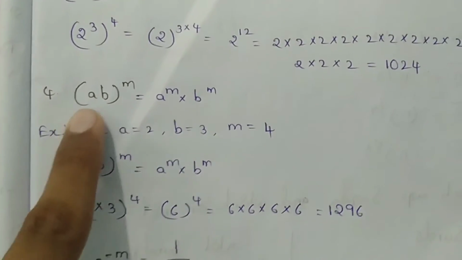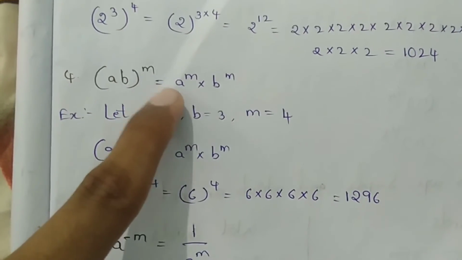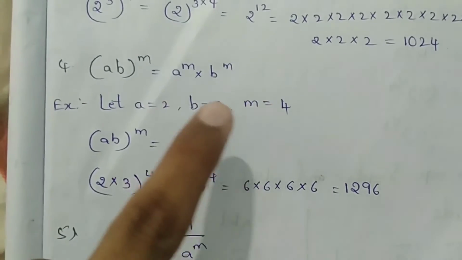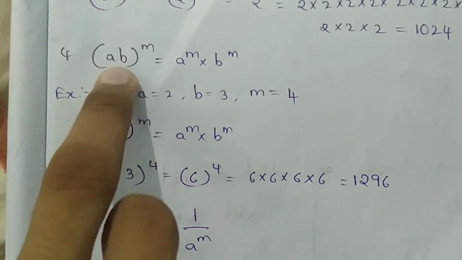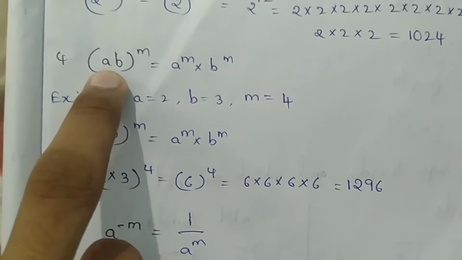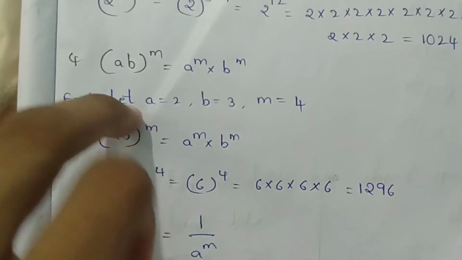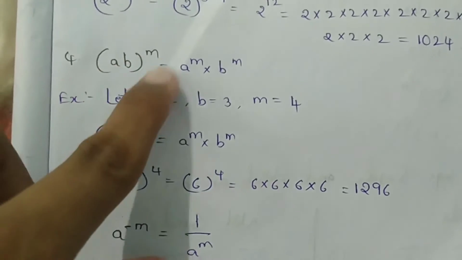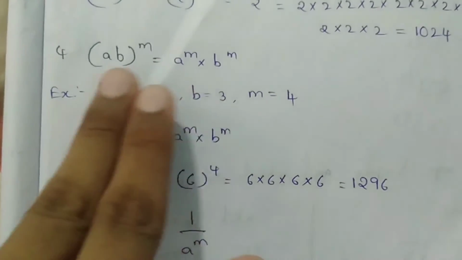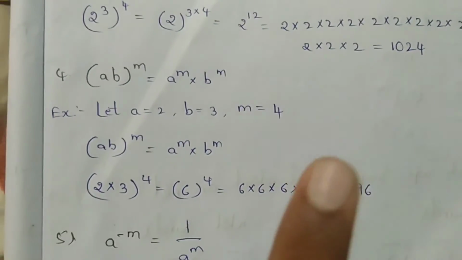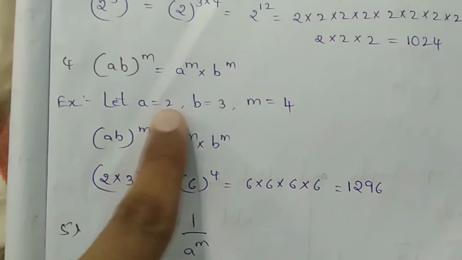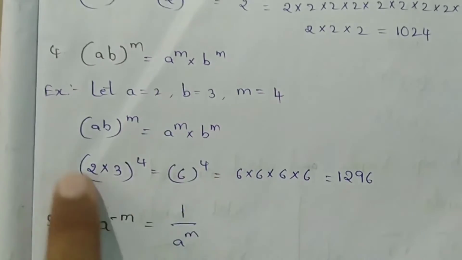Next, AB whole power m is equal to a power m into b power m. See this, there are two numbers here. What are they? A and b, whole power m. We have to separate it: a power m into b power m. Let us take a equal to 2, b equal to 3 and m equal to 4.